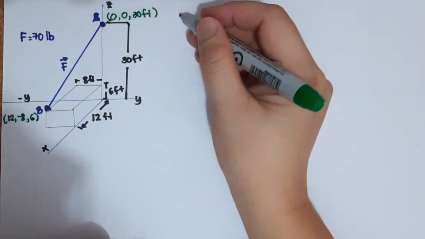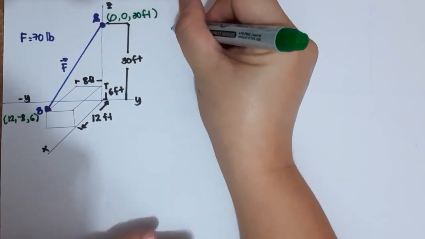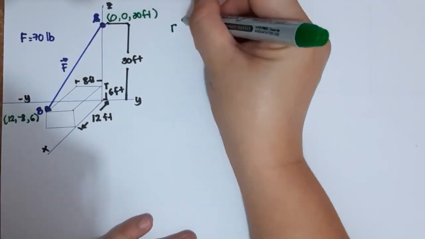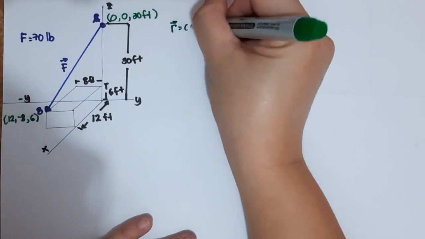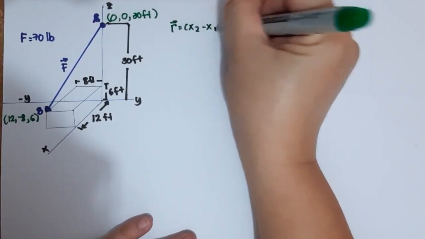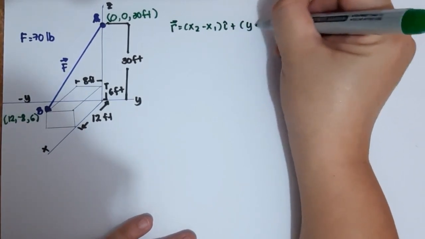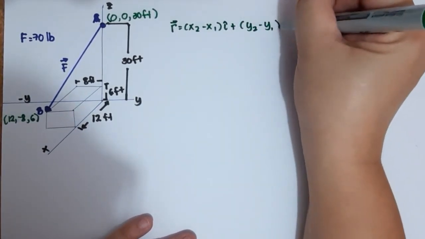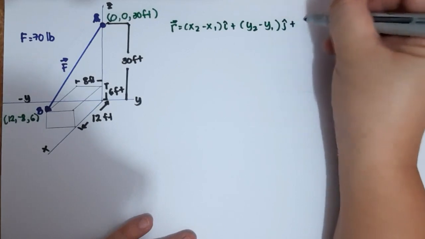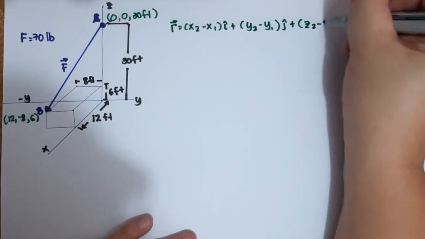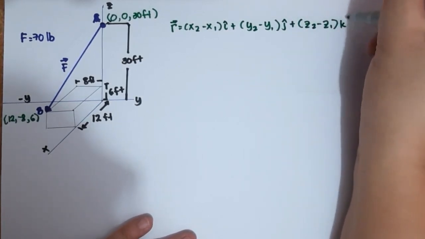So we now have the positions. Let's solve now the position vector. The formula for r is equal to x2 minus x1 i hat plus y2 minus y1 j hat plus z2 minus z1 k hat.